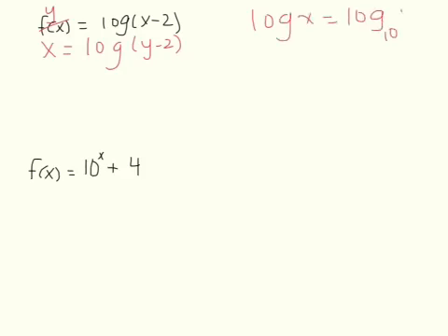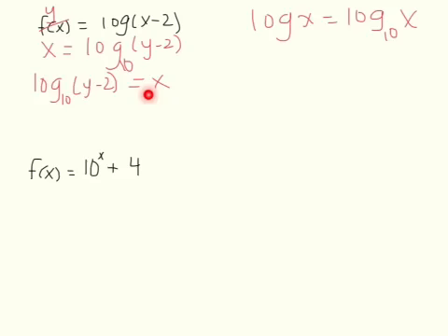So log base 10 of y. All I've done is change f of x to y, switch my x and y, and now I'm going to start solving. I'm going to flip these around, so instead of x equals log base 10 y minus 2, I'm going to put the log on this side equaling x.